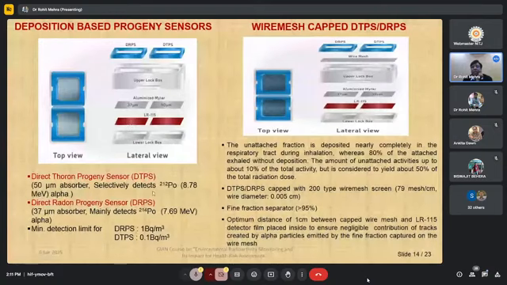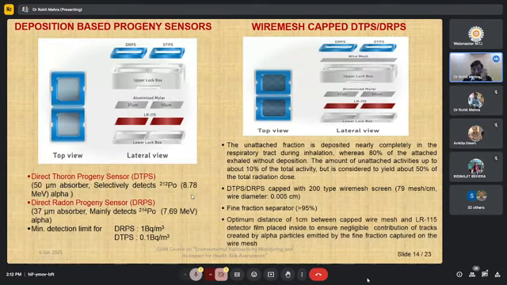On one side, for detection of radon progeny, that is the daughter product polonium-214, we are using an absorber of around 37 micrometer. On the other side, for the direct thoron progeny sensor, where we are directly measuring the daughter products of thoron, that is polonium-212, we are using an absorber of around 50 micrometer because polonium-212 gives an alpha particle of energy up to 8.78 MeV.